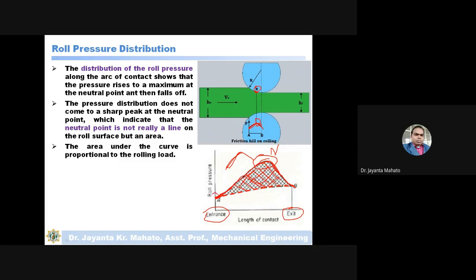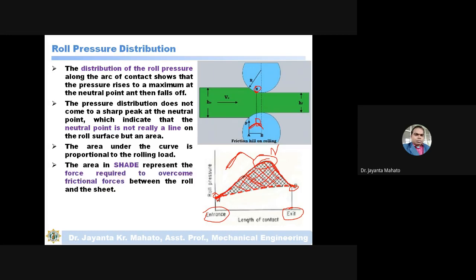from the initial value to the final value, then this is actually the rolling load. So the shaded area represents the force or load required to overcome the frictional force.